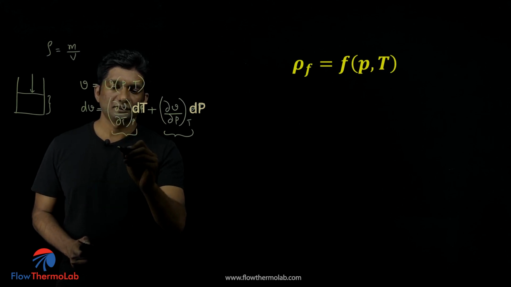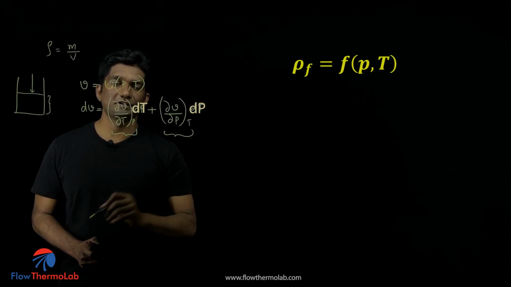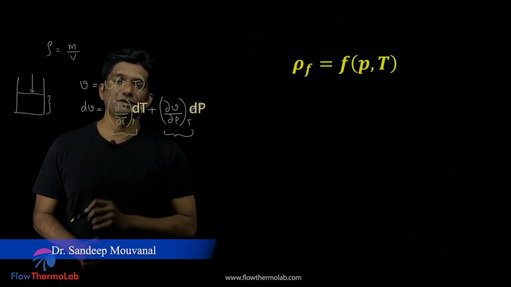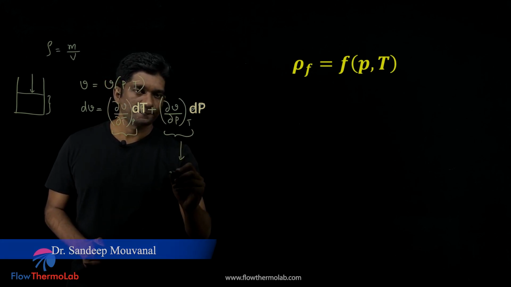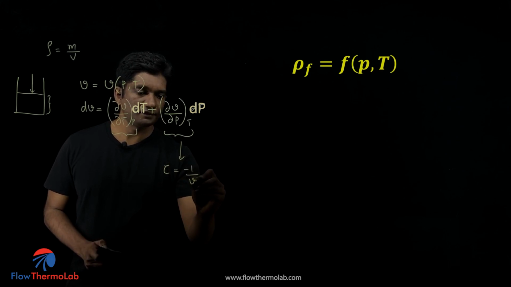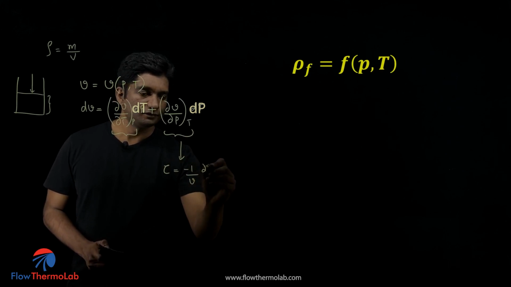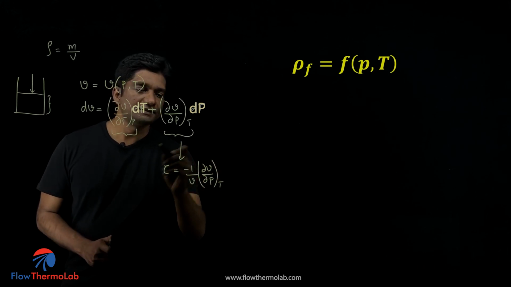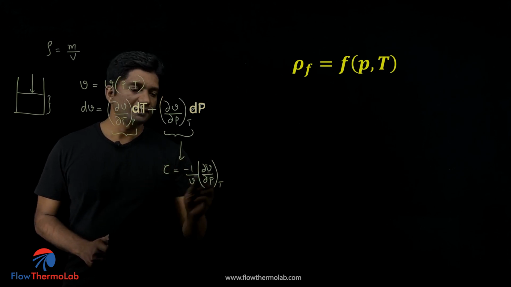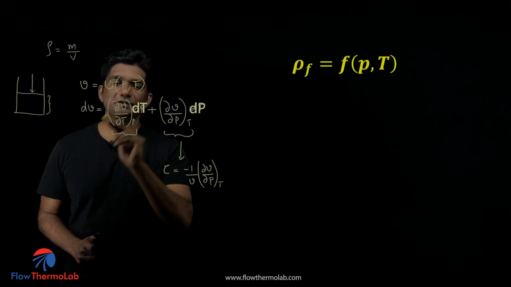This is called the thermal expansion coefficient, and this one has to do with the compressibility. So you can write it as the isothermal compressibility. It is written as kappa, which is minus 1 by V ∂V/∂P at constant temperature. And this is the isothermal compressibility at constant temperature. So what about this one?